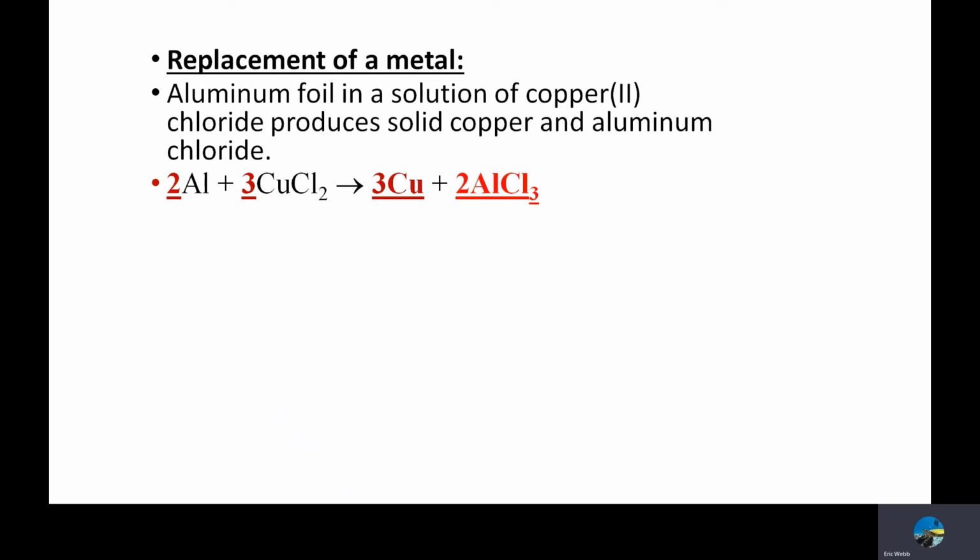The aluminum basically takes the spot of the copper in the copper 2 chloride. So aluminum reacts with the chlorine, forms a compound with the chlorine, you end up with an aluminum chloride. And then the copper will kind of take the place of what the aluminum used to be. So you're starting out with metal aluminum, and you'll finish with metal solid copper.